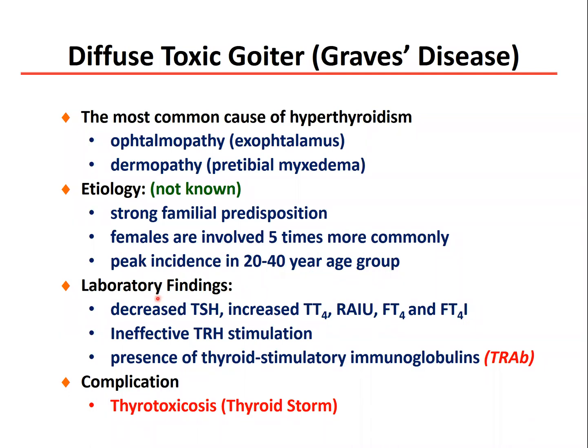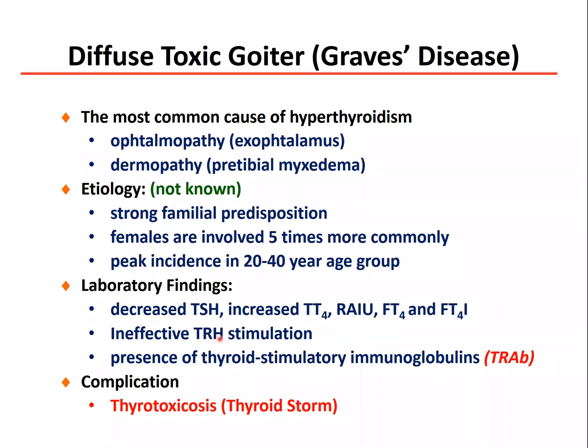Laboratory findings: TSH decreased, because this is primary, together with an increased free T4, and the radioactive iodine uptake increases homogeneously. The free T4 index also increases, but this is not measured today. We are only measuring the free T4 today.